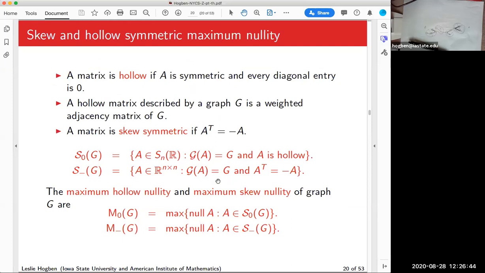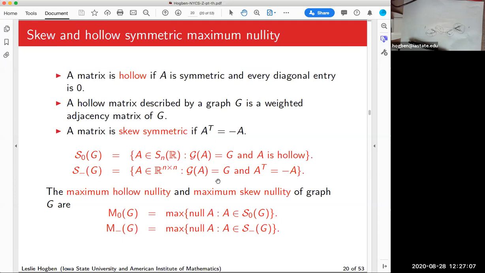Okay. A matrix is called hollow if it has all zeros on the diagonal, and as I'm going to use hollow, it's going to be a hollow symmetric matrix. So I just want to avoid having to repeat the word hollow, so I'll use hollow to mean hollow symmetric. A skew symmetric matrix automatically has 0 diagonal.